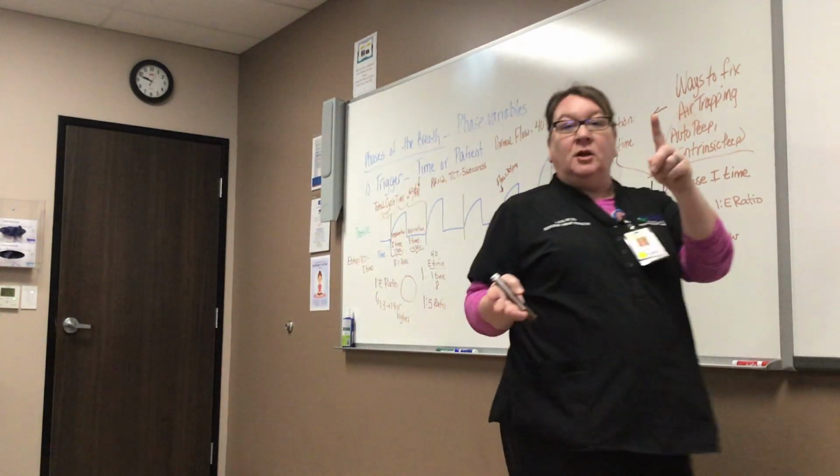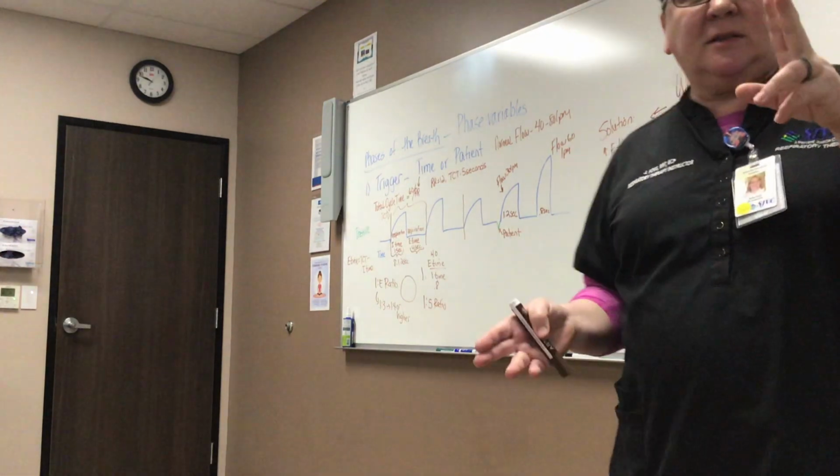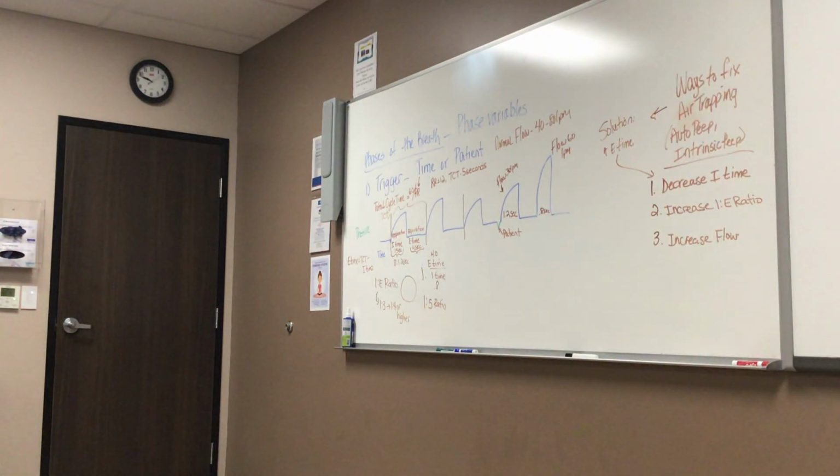You have 2 hours to get to San Francisco, but you can only drive 35 miles an hour. Not gonna happen. Can you get there in 2 hours? No. So imagine a scenario where your volume is 500, your flow is 20, and you made your I time 1 second. Your flow is too low to deliver the volume that you want within the time that you gave it. Just like driving somewhere at a slow speed.